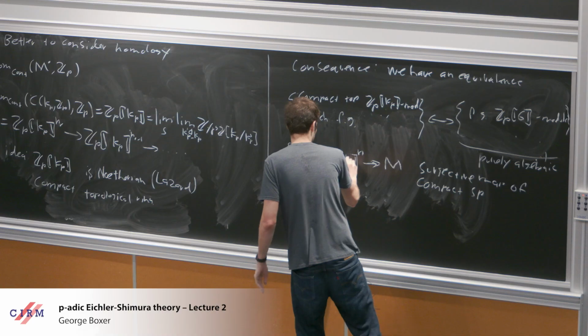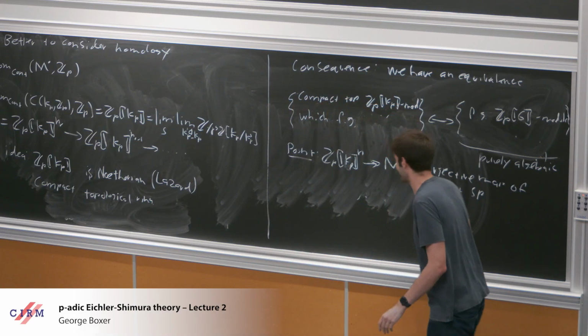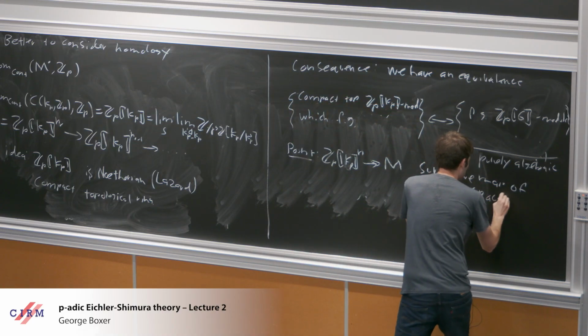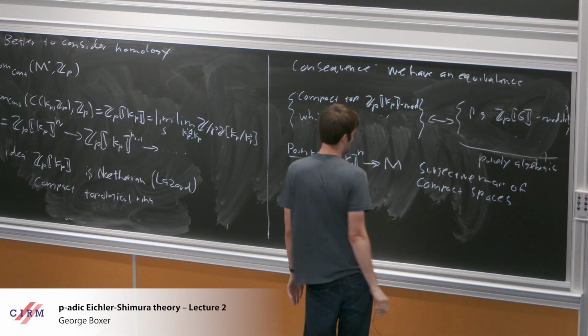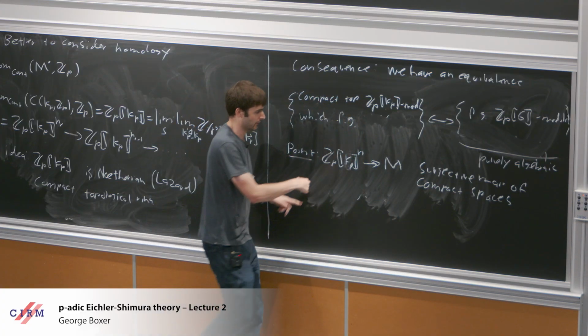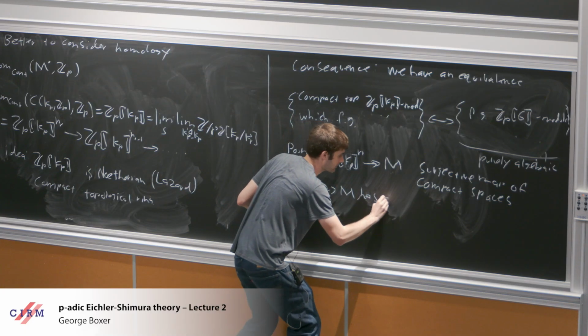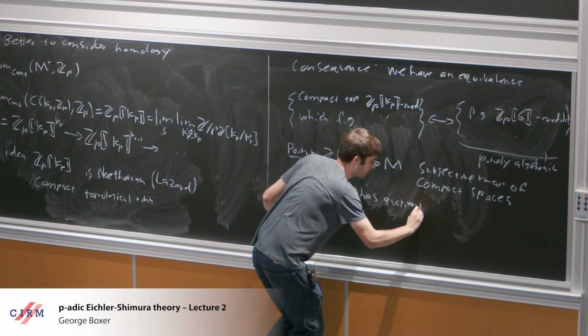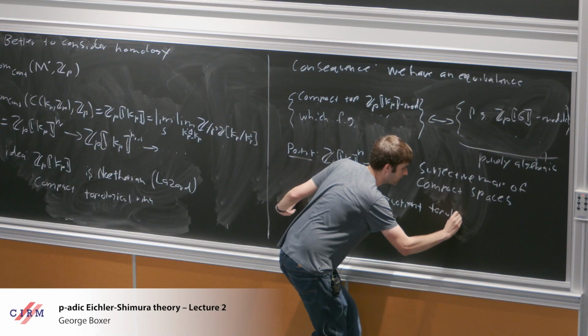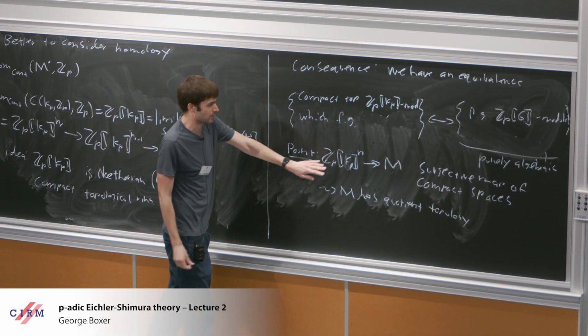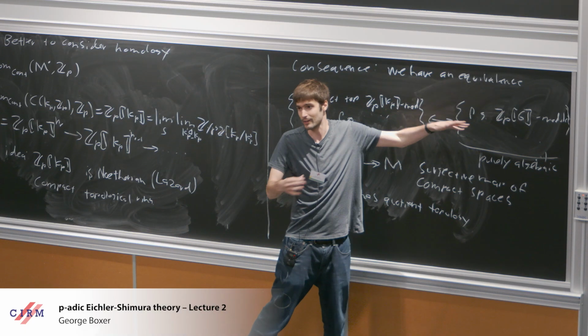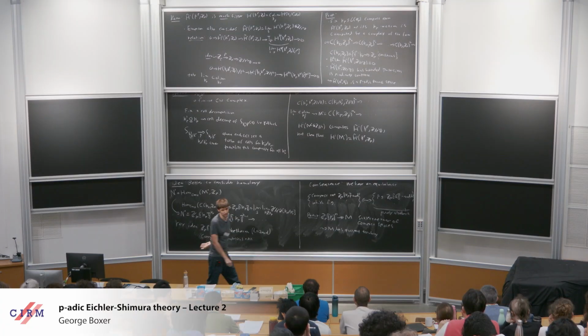Sorry, what did I write? I don't know where that C came from. Thank you. So it's a surjective map of compact Hausdorff spaces, and so this tells you that M has the quotient topology. And in this way, you can endow every object here with the canonical topology, and you check that all the maps are continuous.